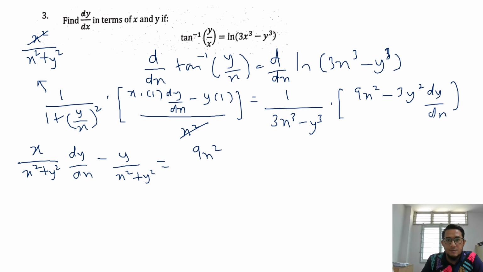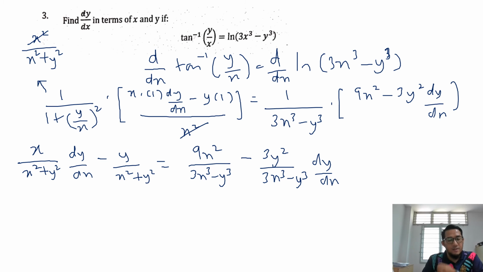So 9x squared over 3x cubed minus y cubed minus 3y squared over 3x cubed minus y cubed dy/dx.